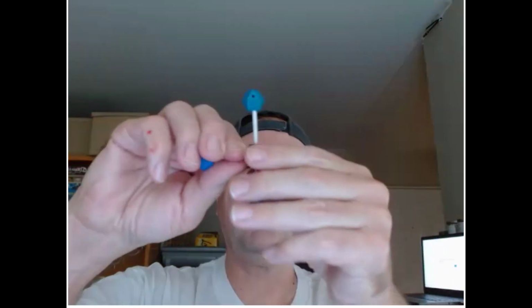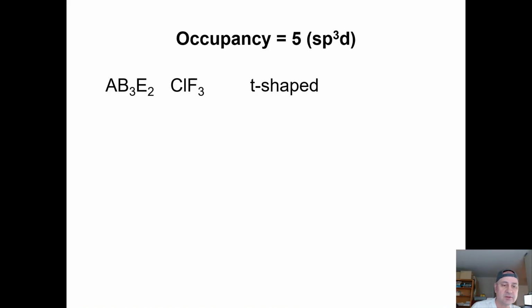Again, we are going to remove an equatorial position. Now we get this T, okay? So the next one is T-shaped, and the example I have is ClF3. So it's chlorine, and then 3, and then we have 2 lone pairs here, and fluorine, fluorine, fluorine with 6.